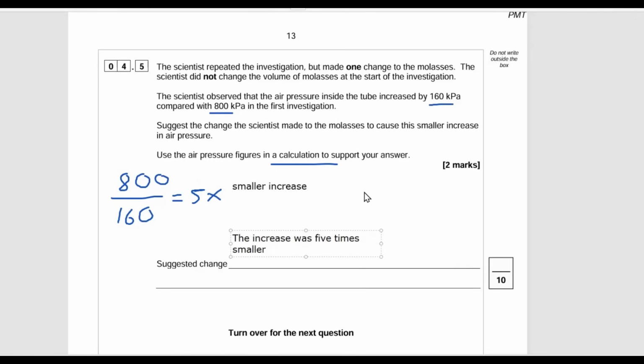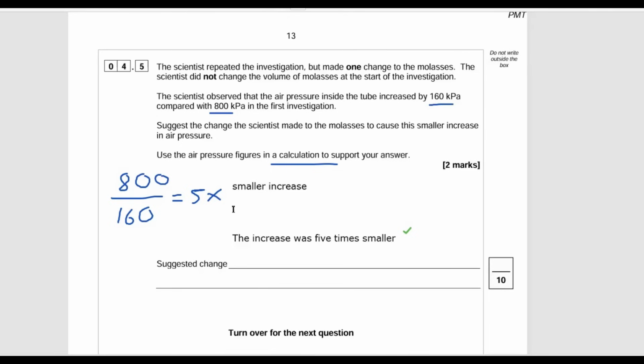Why did it only increase 5 times smaller? Well, this means that the movement of the water from high to low was 5 times less water moved in. Why is that? That's because the sugar concentration was changed and the sugar concentration must have been decreased by 5 times.